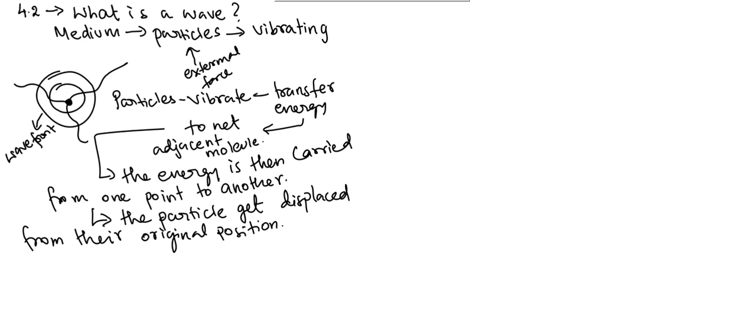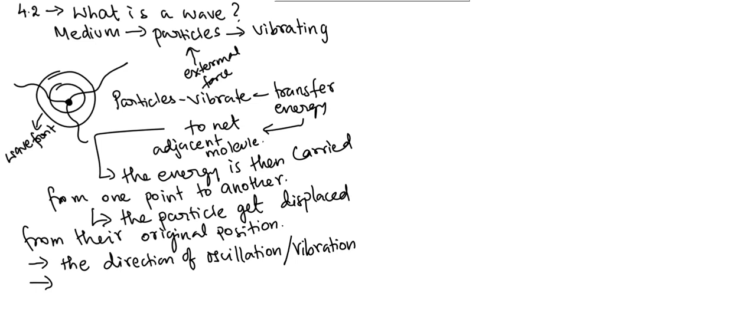One is the direction of vibration, or it is also called oscillation, and the other is the direction in which the wave travels, which is called wave propagation.